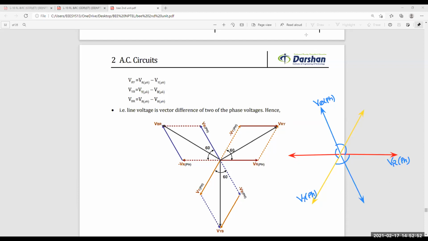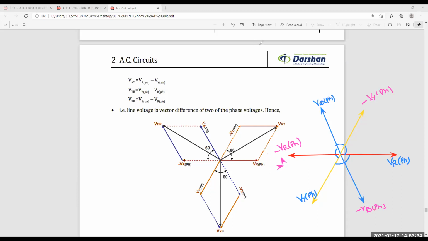This is called minus VR phase. Opposite is minus VY phase. Similarly, minus VB phase. Understood? So like this, these are the different negative phases.